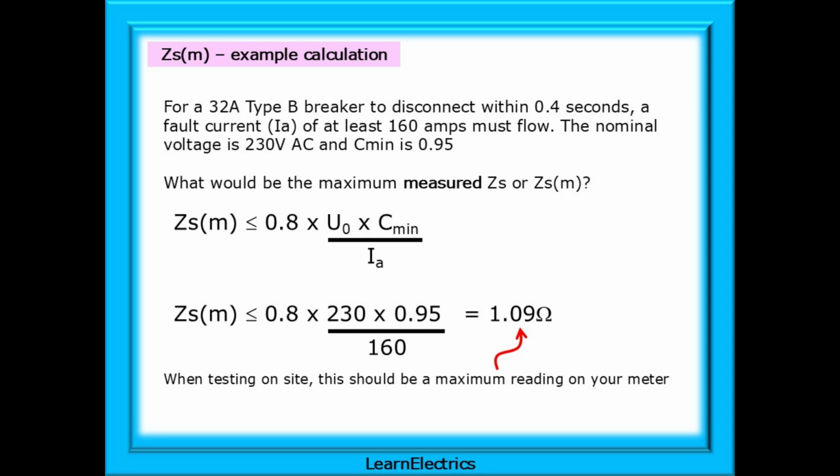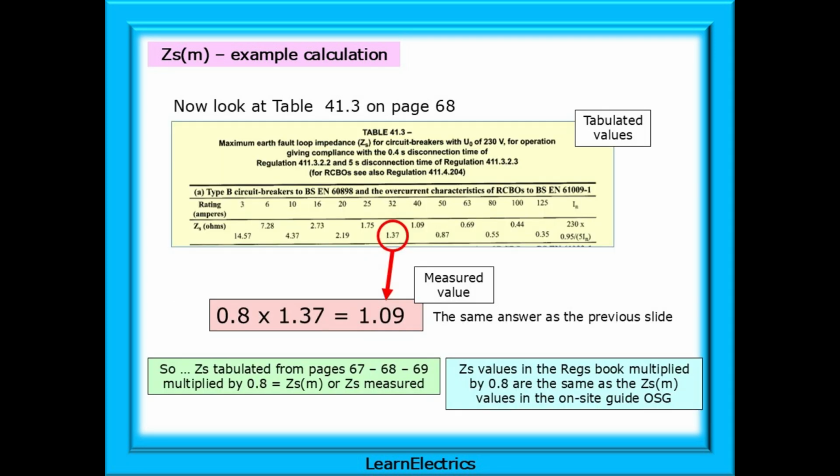Our calculation here is 1.09 ohms, and when testing on site, this should be a maximum reading on your test meter. Compare this now to table 41.3 on page 68. Find 32 amps and we have 1.37 ohms, as we calculated many slides ago.